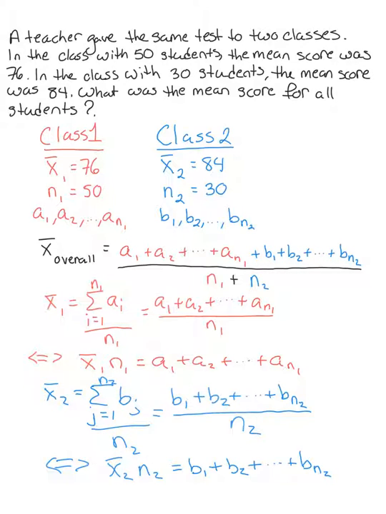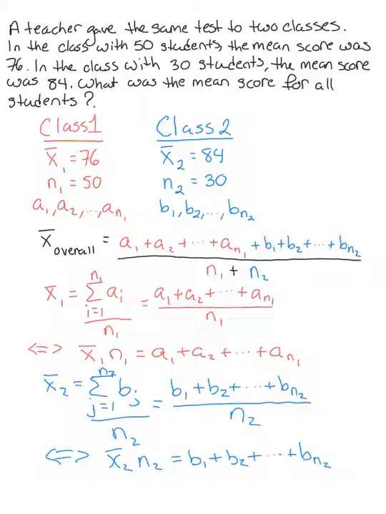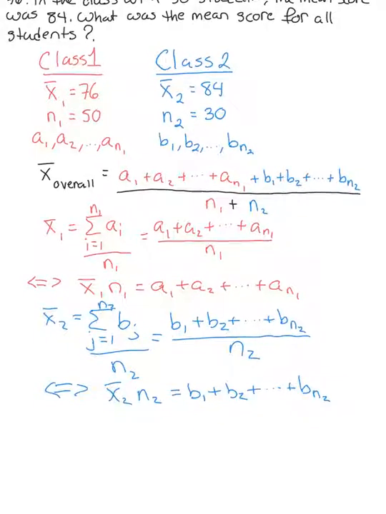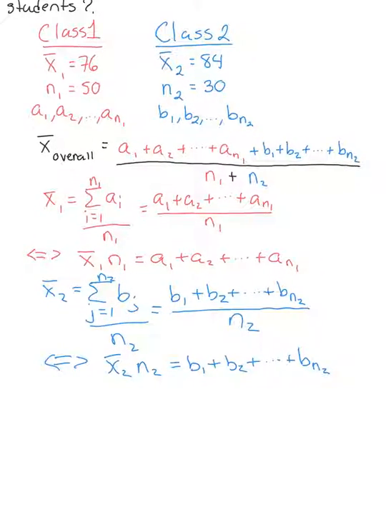Now we can take the information we have gained here and put it into the formula right over here. I'm just going to move everything up a little bit so that we have a little bit more space.